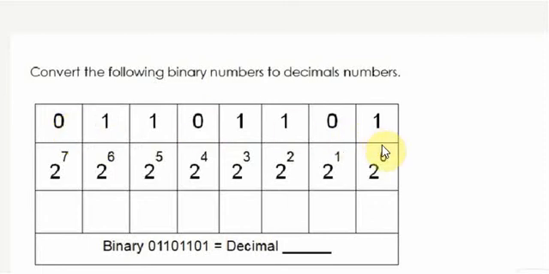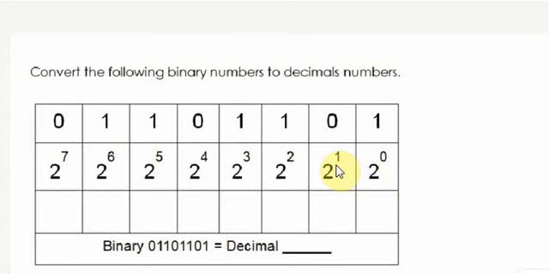Next thing you have to do is figure out the value of each of the positions. Just like in a decimal number, the one to the farthest right is your least significant value. In a binary number, this is your least significant bit. If this was a decimal number, this would be the ones position, which is 10 to the 0, but it's a binary number, so it's position 2 to the 0.